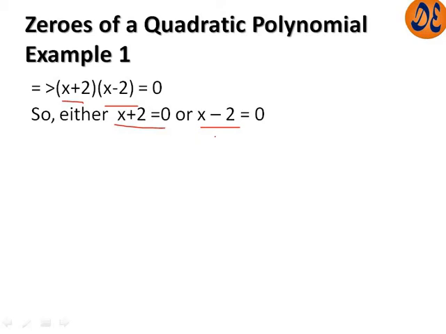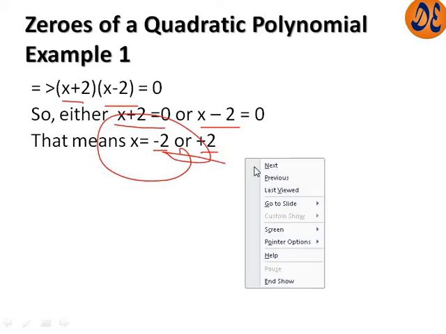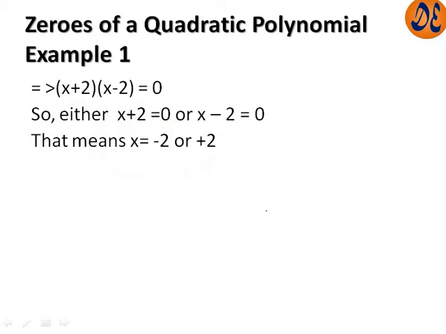So if x plus 2 is 0, then we are getting the value of x as minus 2, and if x minus 2 is 0, then we are getting the value of x as 2. So we are getting two values of x, that is minus 2 and plus 2. So the zeros are minus 2 and 2.